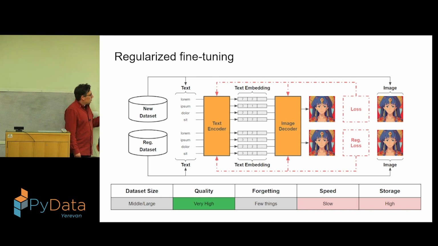Typically, this regularization dataset is sampled from the original training set of the model. For example, for Stable Diffusion, this is a sample from LAION. And we mix this regularization dataset with the new dataset and train the whole model on both datasets simultaneously. In this case, it obviously prevents some overfitting and forgetting.